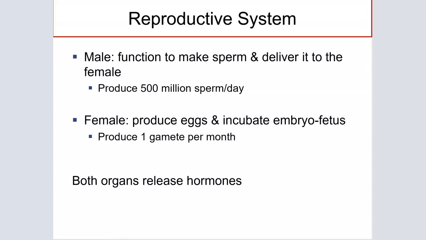In fact, it's estimated that males produce 500 million sperm every day, whereas the female's job is to produce the eggs, also known, as you'll see shortly, as oocytes. And their job is to get that egg, and then once fertilization occurs, to incubate. The embryo and fetus, as you know, develops inside the female in the uterus, and women generally produce 1 gamete every month. Both of these organs are going to release hormones.